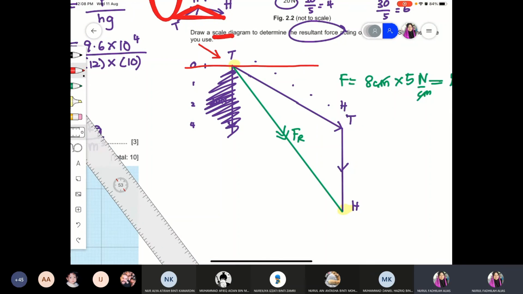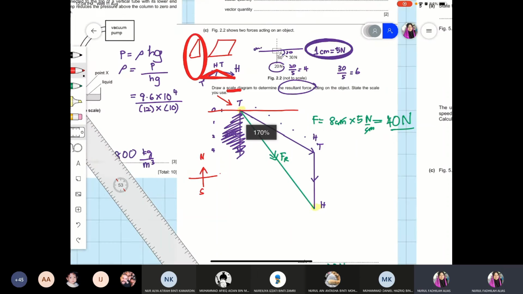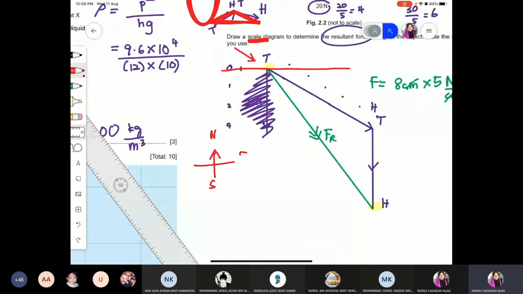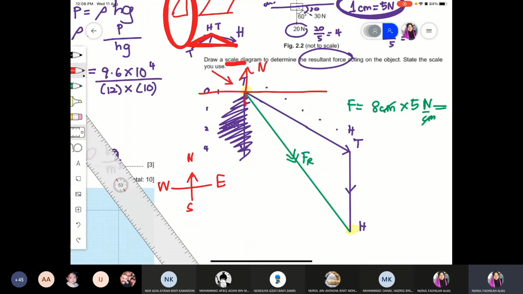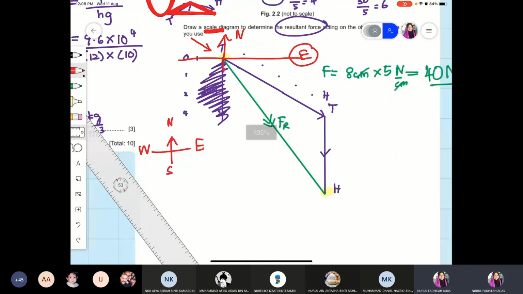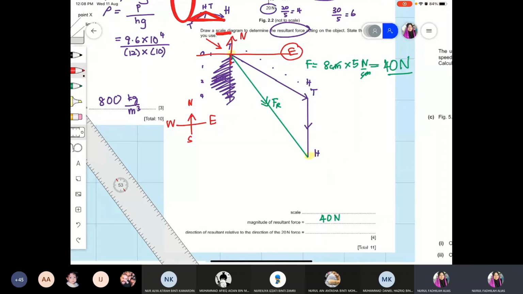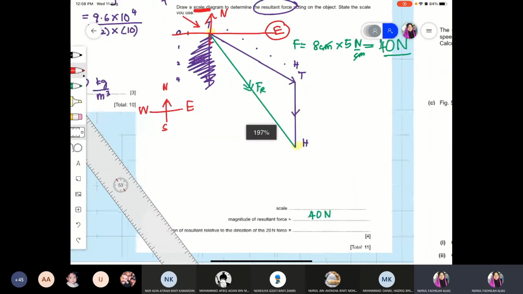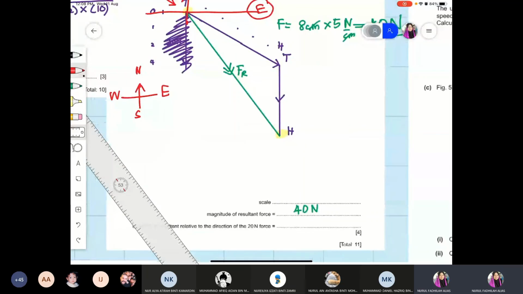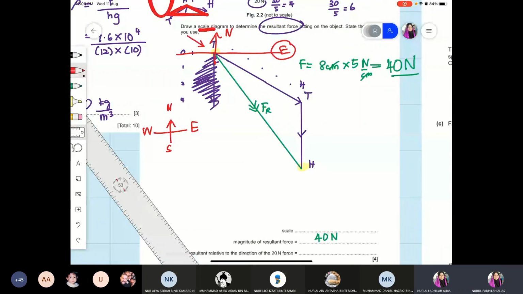Or we look at this, this is north, south, east, west. If here is north, is this east or west? East. So your answer can be anything related to this, either southeast direction, but there must be an angle. So what's the angle?